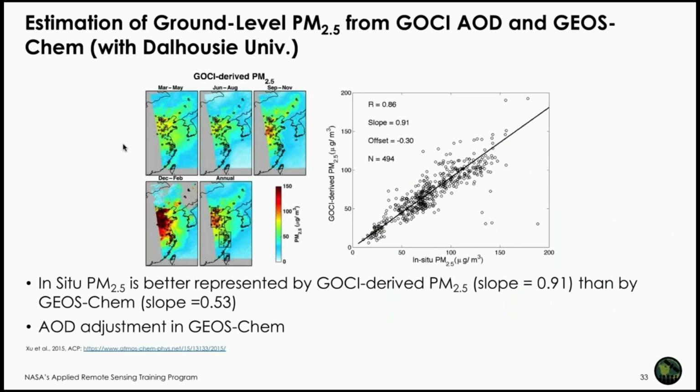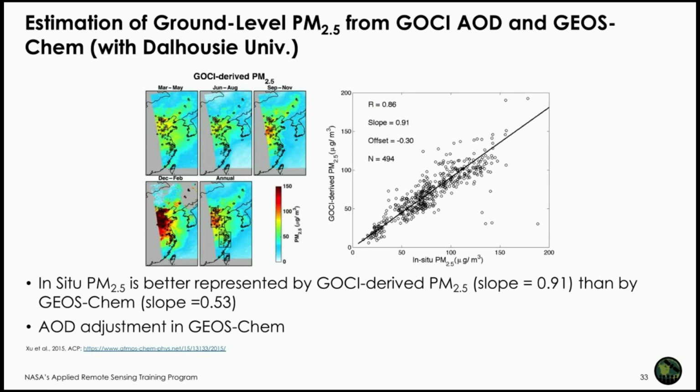This is another collaboration work with Dalhousie University. GOCI AOD is used to adjust the GEOS-Chem air quality model result. Before the adjustment, the slope of the linear regression line between model and ground-based measurement was about 0.5. But after the adjustment, the slope changed to 0.9, like the right figure.